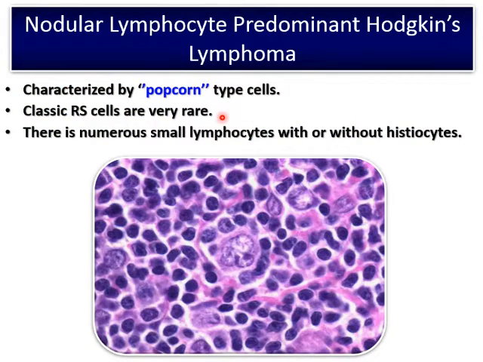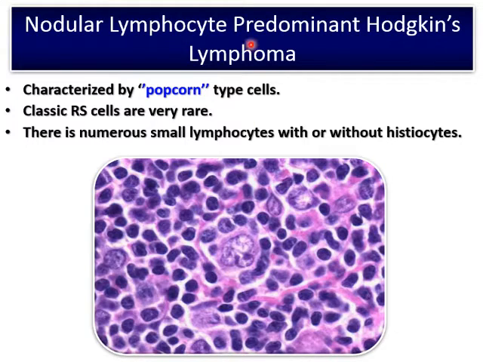Nodular lymphocytic predominant, which is a separate entity in the WHO classification, is characterized by the presence of popcorn or lymphohistiocytic cells, but there is no or very rare classic RS. So this type is put in a separate entity. We have no classic RS, but we have instead another variant, which is popcorn, because we must have a variant of RS cell to diagnose Hodgkin lymphoma.